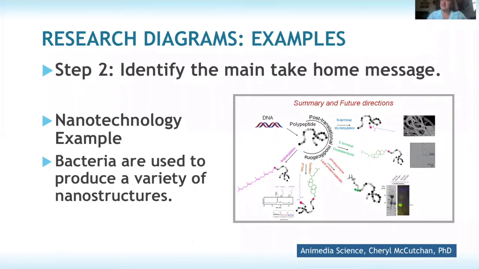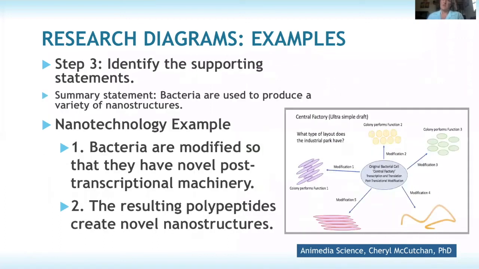You know, it doesn't go on and on. It's very concise, very simple. And so from that and our continued conversation, I came up with a few other things that needed to be included in that research diagram so that that summary statement was supported.